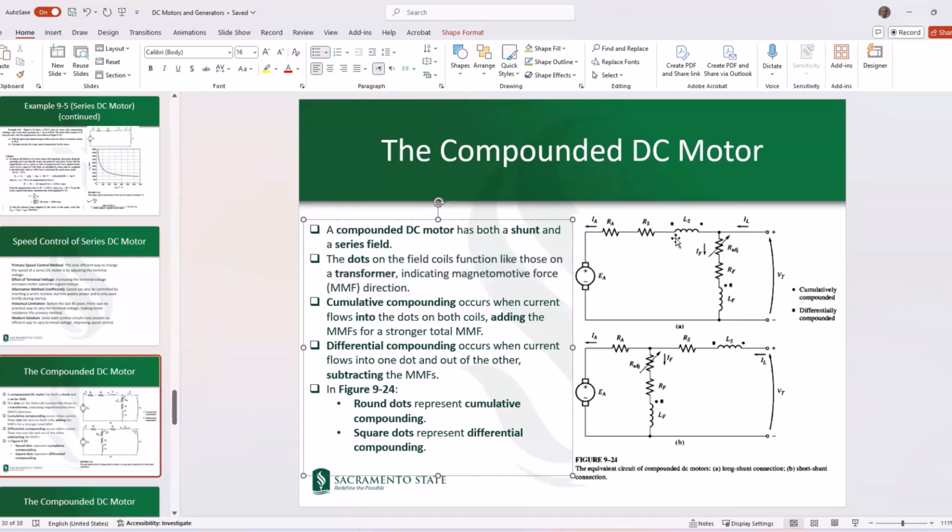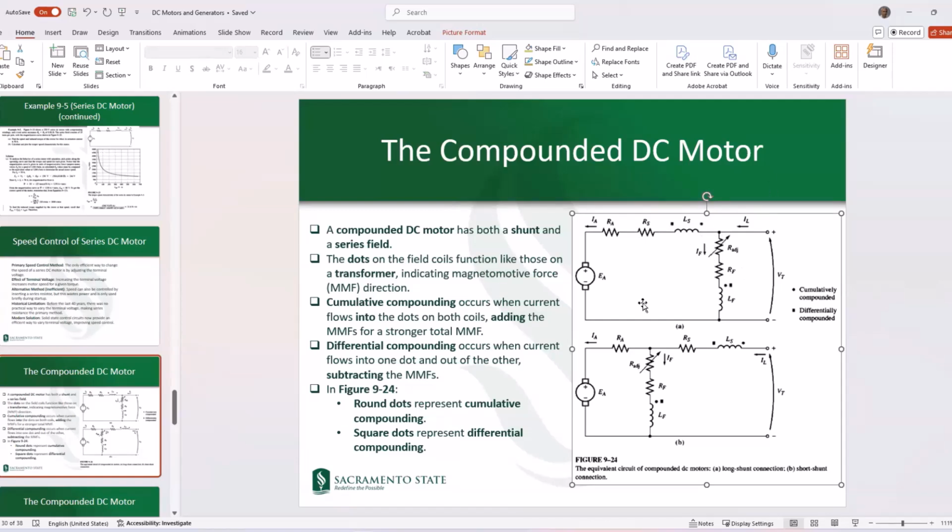Here, cumulative compounding occurs when the current flows into the dots of both coils. So if you consider the circle dots, we have two types of dots in this circuit, circle dots and square dots.